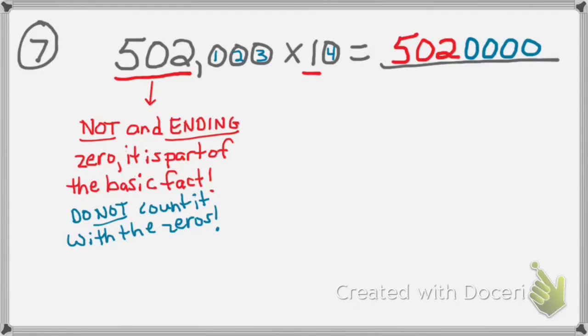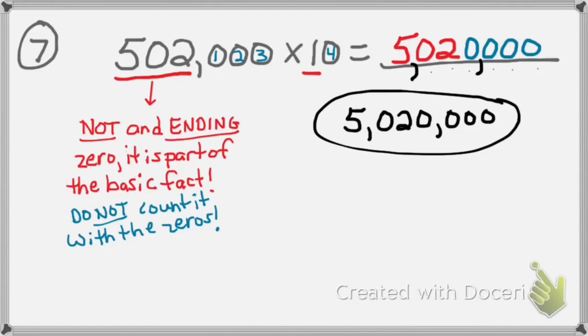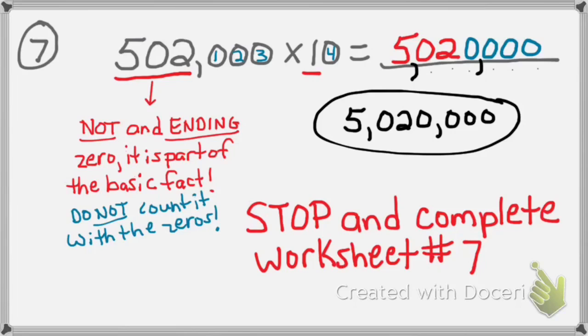Of course, this answer has more than 3 digits, so I must count backwards and put in my commas. 1, 2, 3, comma. 1, 2, 3, comma. My final answer, 502,000 times 10 equals 5,020,000. Please stop the video and complete worksheet number 7 right now.